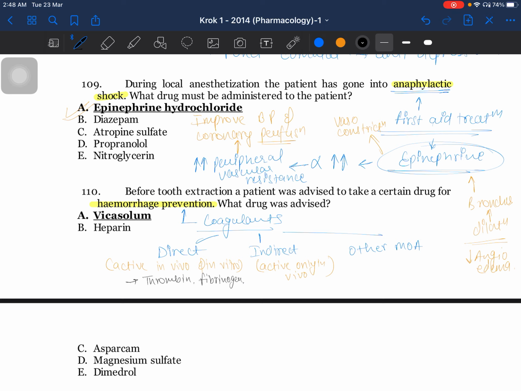We also have calcium chloride. In the case of indirect acting, we have vicasolum or vicasol, and among the others we have etamsylate. Okay, so among these we can use vicasolum.